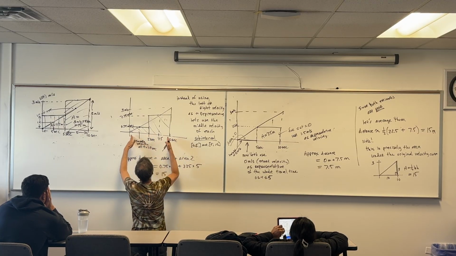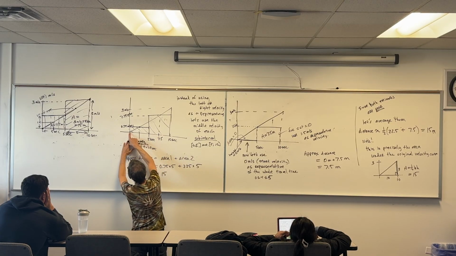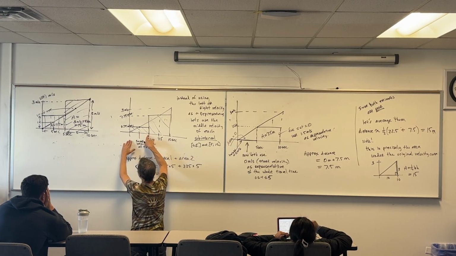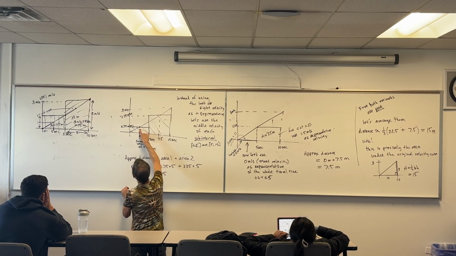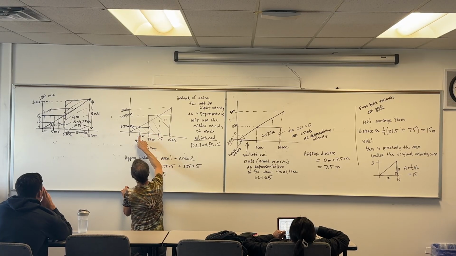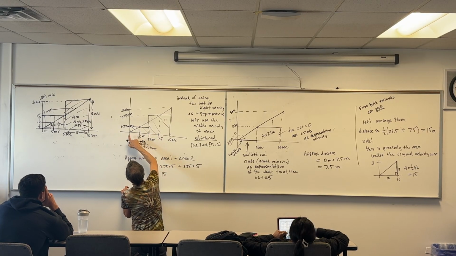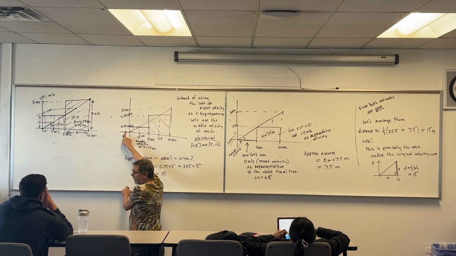So we cut this 10-second interval in half, 5 seconds, and instead of using the start or the end velocity as the representative of the whole, we're grabbing the one in the middle. And that's here at 2.5 seconds. The height of that line, just using the slope or similar triangles, is 0.75.